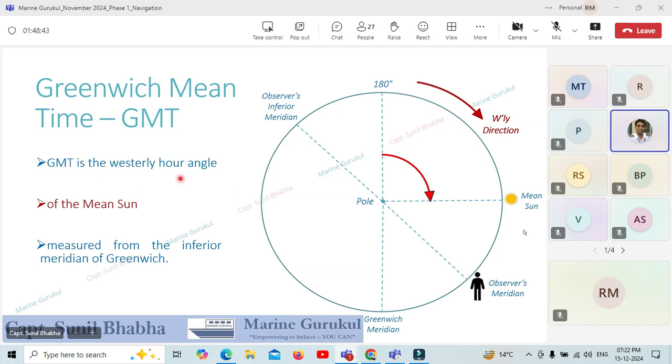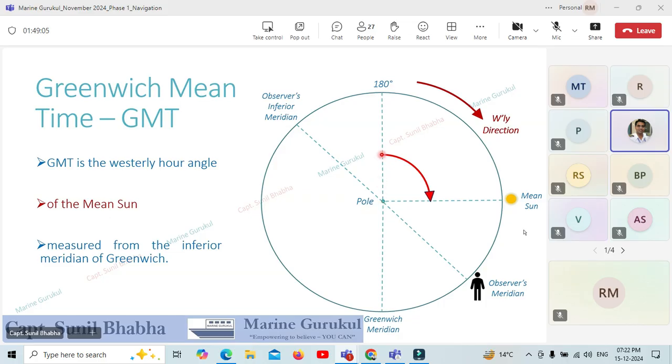So you see GMT is the westerly R angle. You can see this angle is measured in the westerly direction. It is the angle measured up to the mean sun, and it is measured from the inferior meridian of Greenwich.